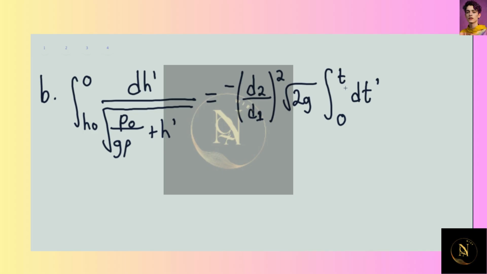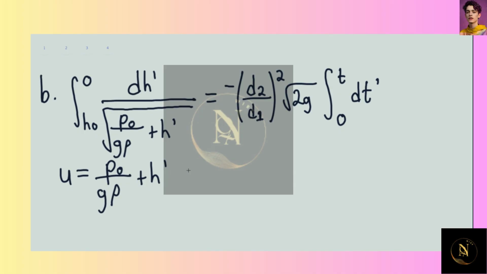And to do the left-hand side integral here, we need to apply u substitution. So we can say that u is going to be equaling p initial divided by g times rho plus h prime. You can do integration by parts, but u substitution is much easier.